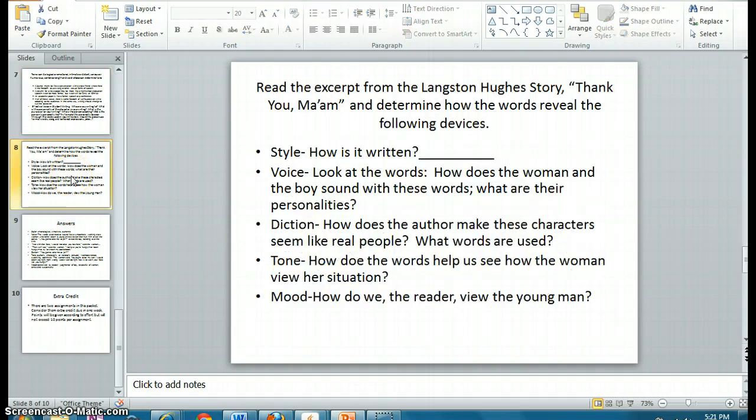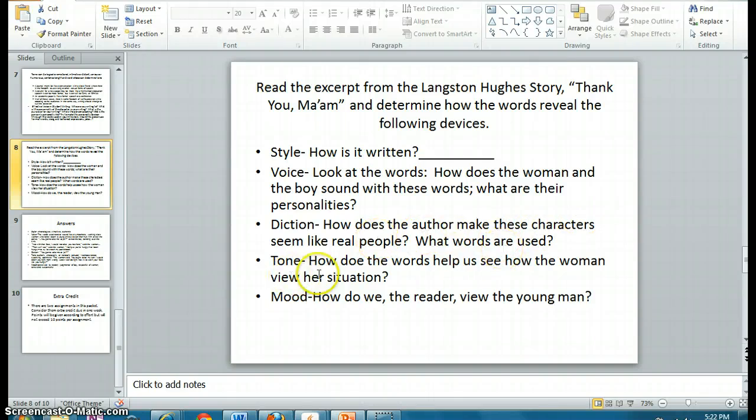Next slide. Okay, this should be on the very next page. You should see a story called "Thank You, Ma'am," and I actually have the answers in the packet, and I hope you don't cheat. Try to read the story and figure out what the style is. The voice. So style, how is it written? Voice, look at the words. How do the woman and the boy sound with these words? What are the personalities? Diction, how does the author make these characters seem like real people?